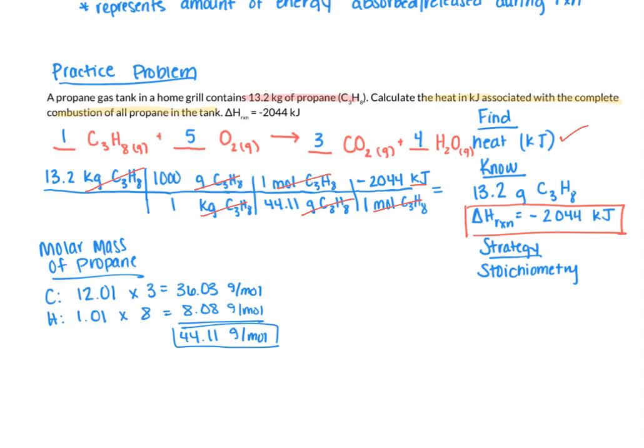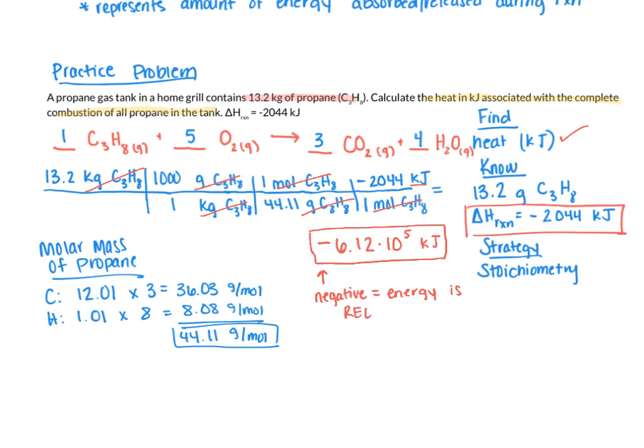And the answer that you should get is negative 6.12 times 10 to the 5th kilojoules. And what this means is that this number of kilojoules is released, so notice it's a negative value, which means energy is released from the reaction, meaning that it is exothermic.